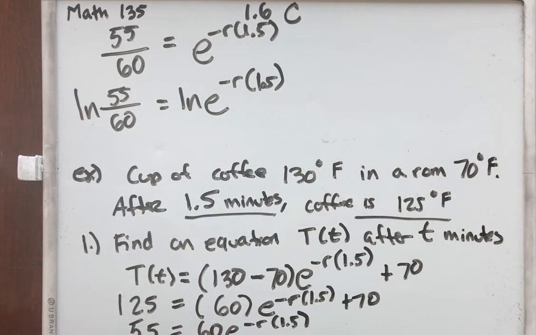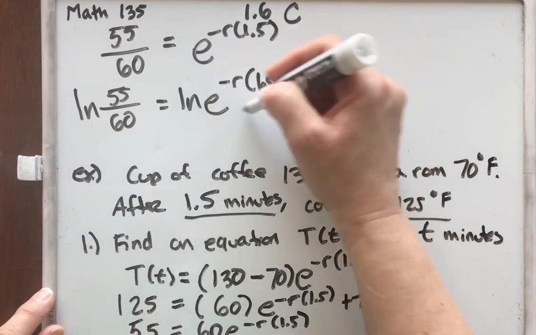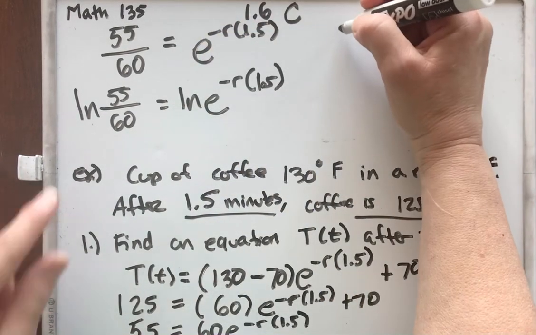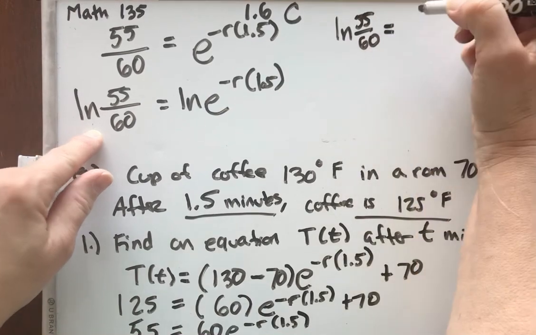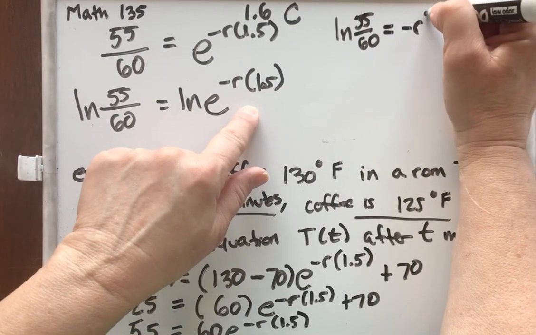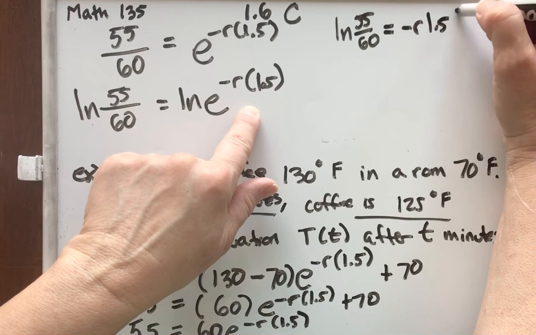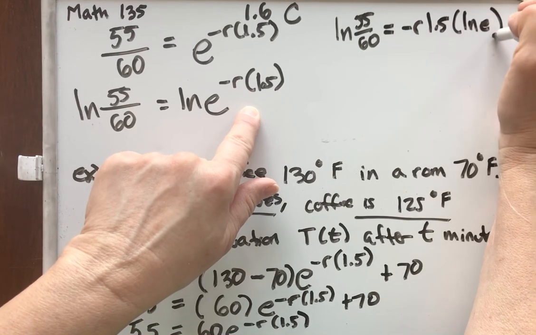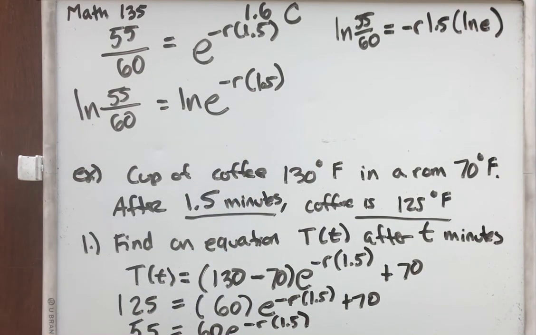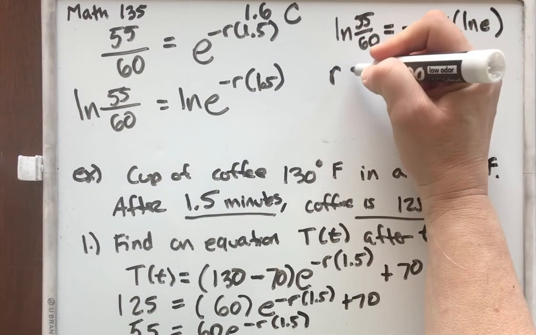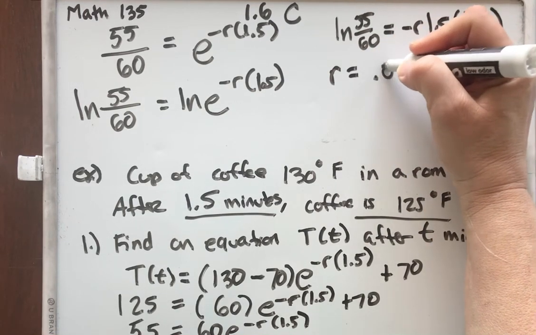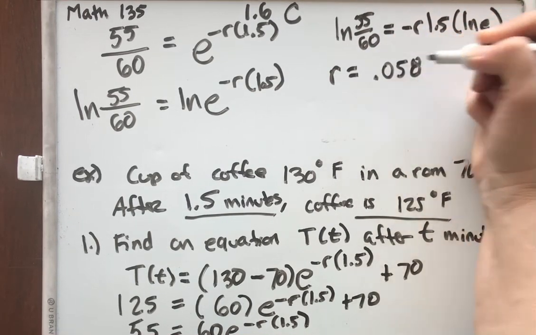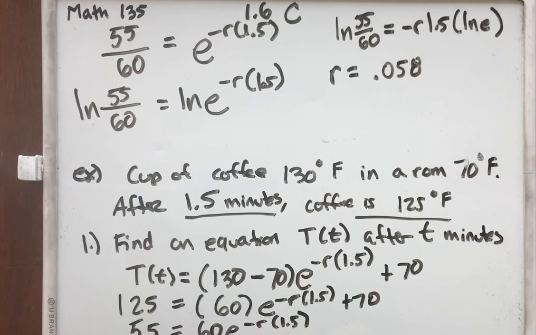Using our property, we bring the exponent down, so ln of 55 over 60 equals negative r times 1.5 ln of e, which we know equals 1. Now we solve for r, and after doing our work, r is approximately 0.058.